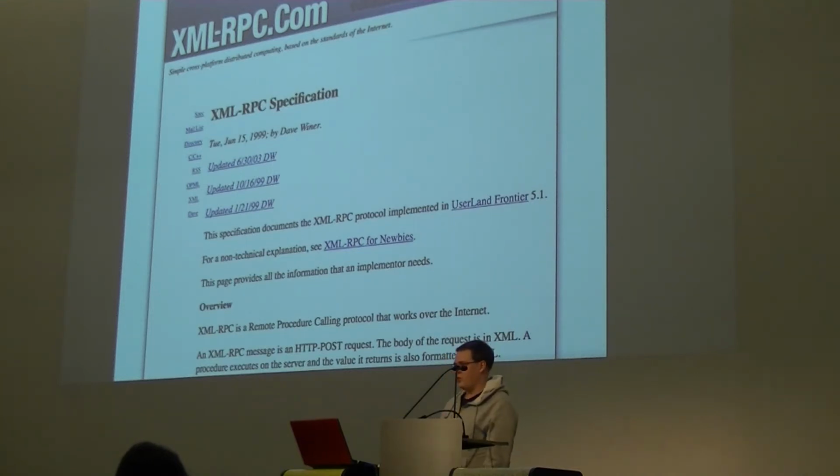If anybody's worked with SOAP, I'm sorry. This is where that comes from. And this really became popular with the rise of Movable Type and things like that, where Movable Type went on to extend XML-RPC with a lot of their own methods to be able to access more blog-style content.